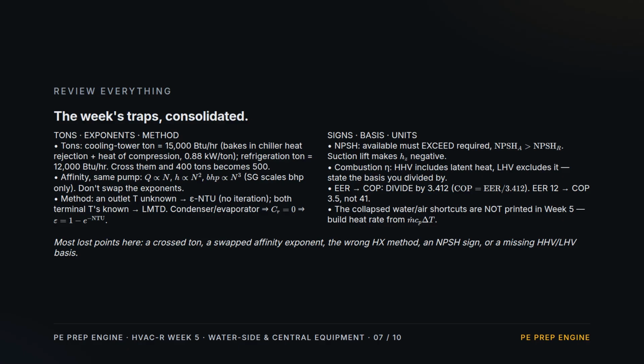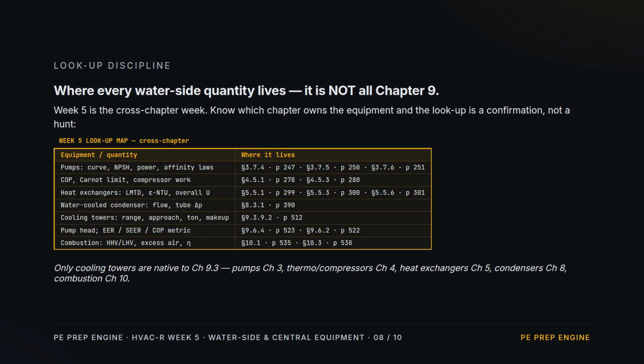Both terminal temperatures known means LMTD. On signs and basis, net positive suction head available must exceed required, and suction lift makes the static term negative. Combustion efficiency needs its basis stated. And to go from EER to COP, you divide by 3.412. 12 becomes 3.5.